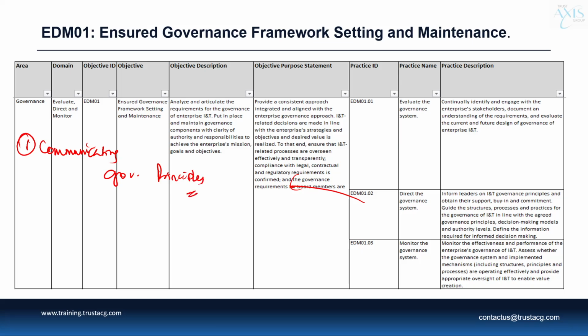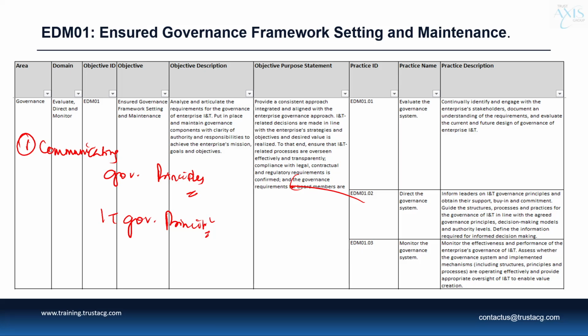You need to work with the executive management within the enterprise, as a board, to establish a shared understanding of your IT governance principles, and ensure that leadership commitment is visible.